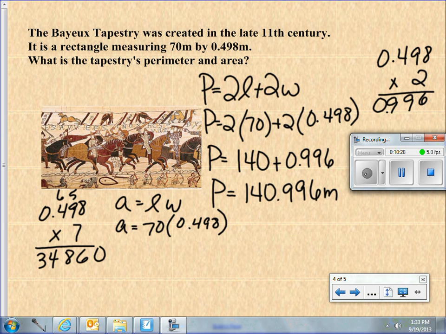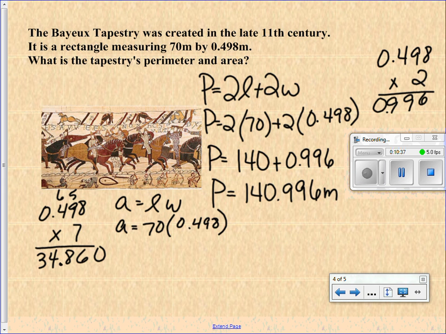And when I got that answer, I added a 0 to it because we were multiplying it times 70. From here, you move the decimal place over 3 places. So the area is 34 and 86/100 meters squared. You can keep the 0 on at the end, or you can take it off. They're both the same answer.